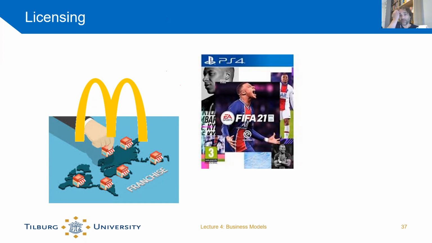And I think fun examples of how the franchising works is, for example, if you look at computer games like FIFA. So FIFA franchises the right to use the images of the football players. And that's a way that FIFA earns a lot of money, because they franchise, they give away, they license the rights they have.